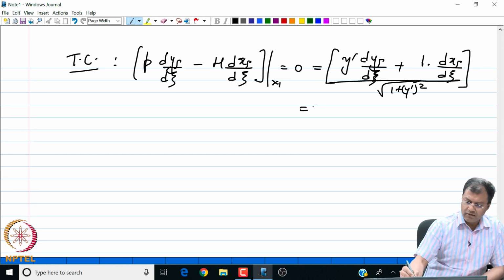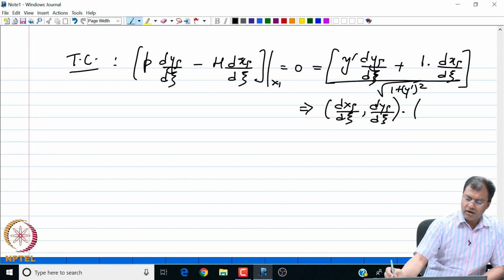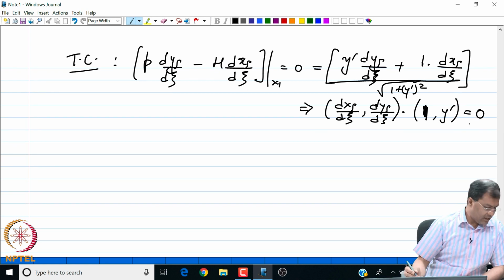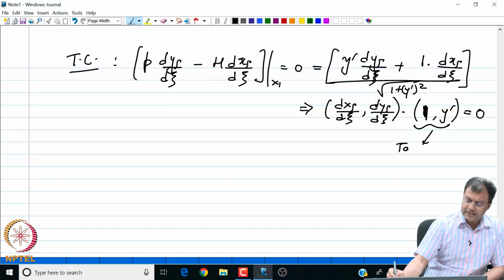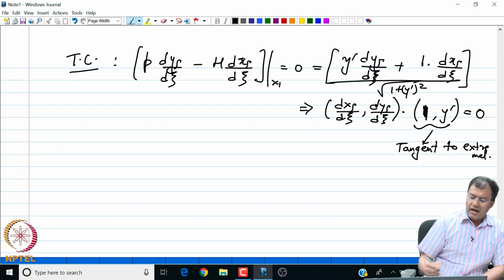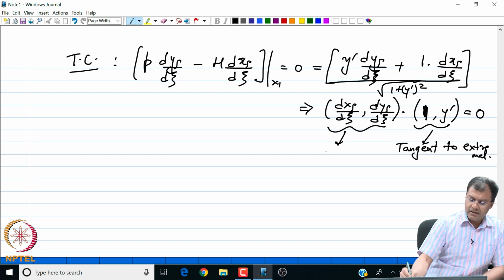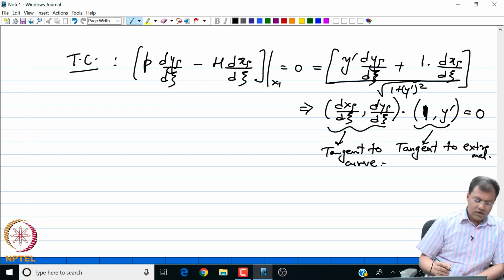And we are also saying that the dot product of del x gamma del psi comma del y gamma del psi with 1 comma y prime is equal to 0. Note that this is nothing but the tangent to the extremal curve that we need to find, and this is nothing but the tangent to the curve on which the endpoint is defined. So, the dot product is 0.